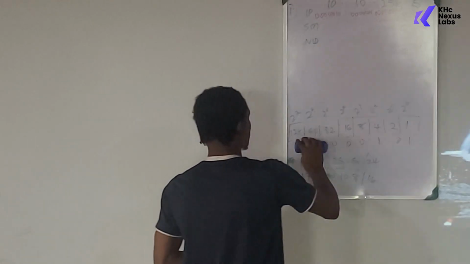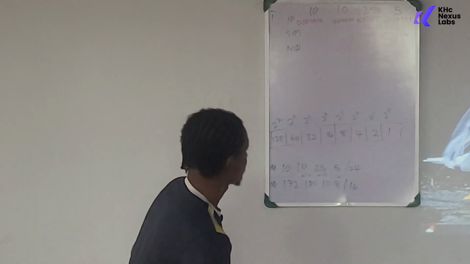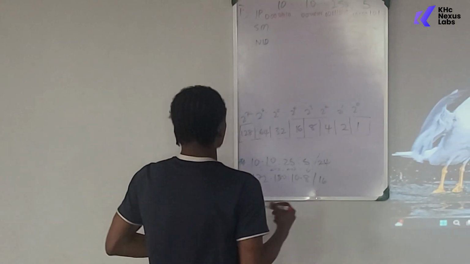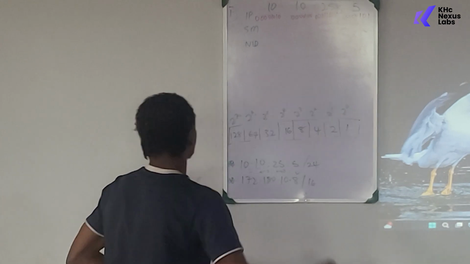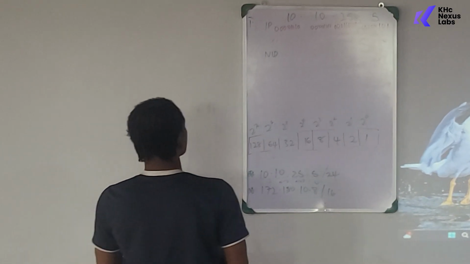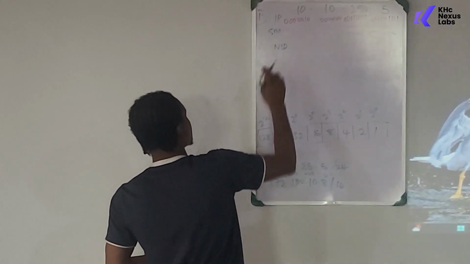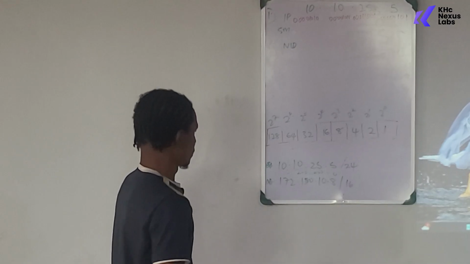Now for our subnet mask, we'll do the same thing. So remember, we said 255, right?